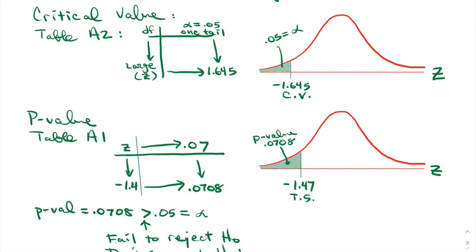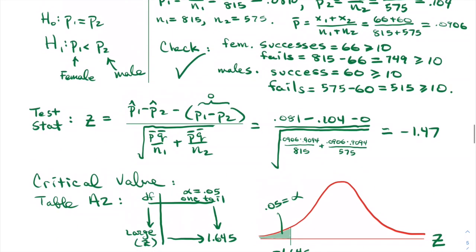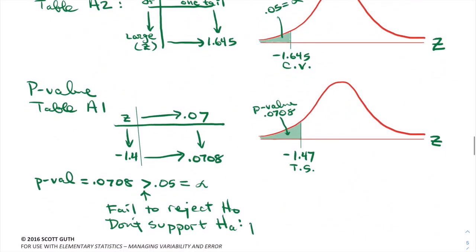HA, I think it said that there's a female proportion that's less than the male proportion, so P1 is less than P2. We have no evidence for this. So the data, even though it was a smaller proportion, it's not significant, so it could be just random.